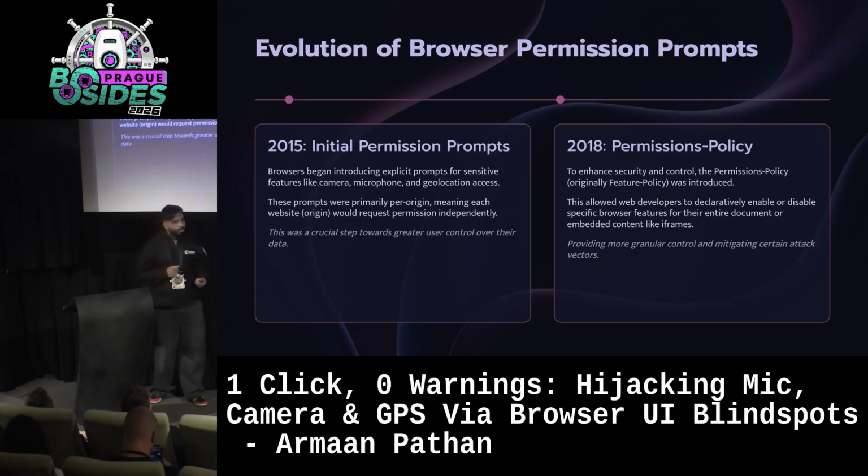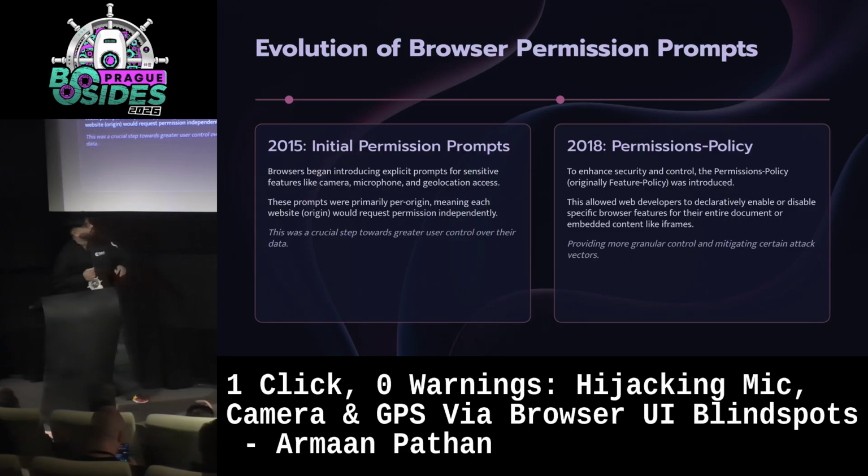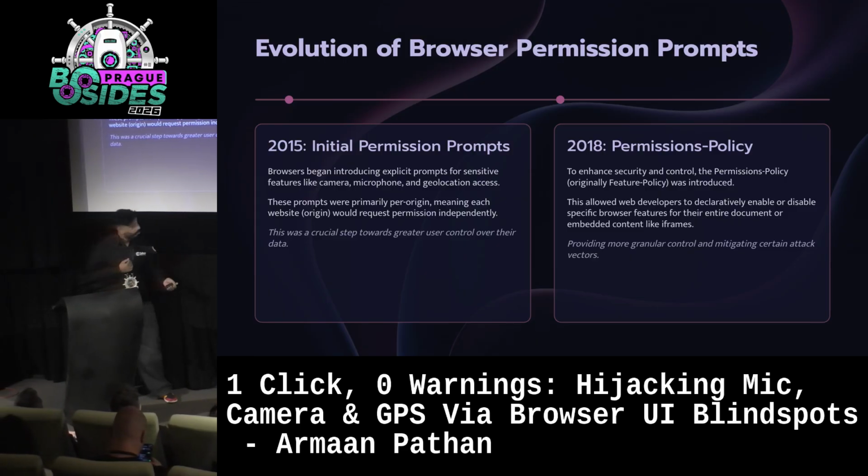But there was no way to restrict those APIs. It just shows the permission. But in 2018, the permission policy got introduced, in which a developer can actually enable and disable certain features. For example, just enabling geolocation, not enabling mic or any other sensitive APIs.